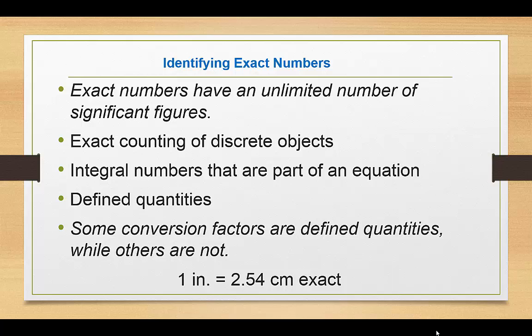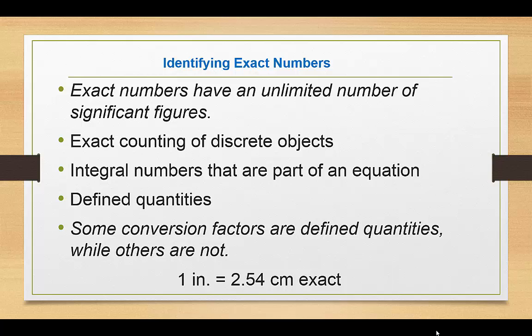So that's like the 7 pennies. If I have 7 pennies, I have exactly 7. I could say I have 7.0 pennies, I have 7.000000 pennies. It's 7 pennies. It's exact.